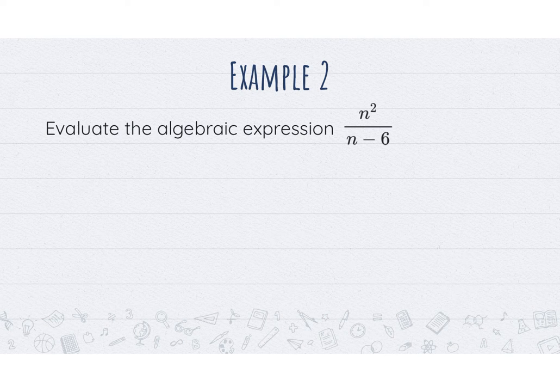So our second example digs into what we looked at in Investigation 2, evaluating the algebraic expression. So we're going to look at this n squared divided by n minus 6, and think about this word evaluate. What does it mean to evaluate that expression?